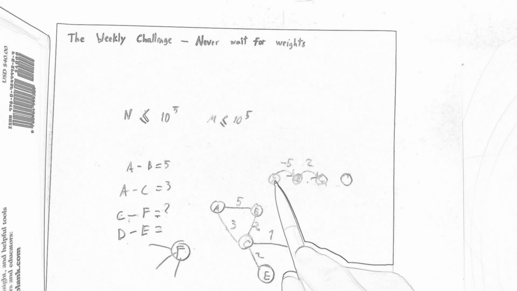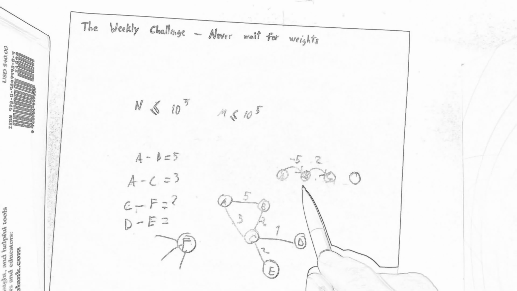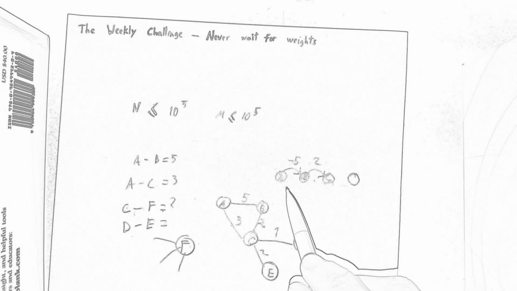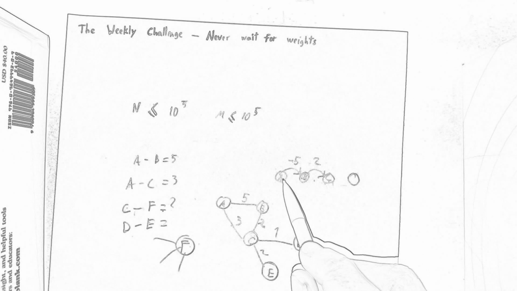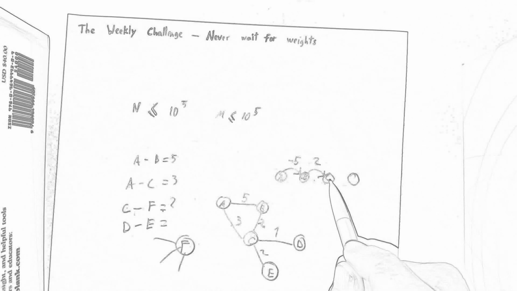So suppose we have then this union-find data structure, which allows us to efficiently know the difference between a node and its representative node. How does that solve our problem?